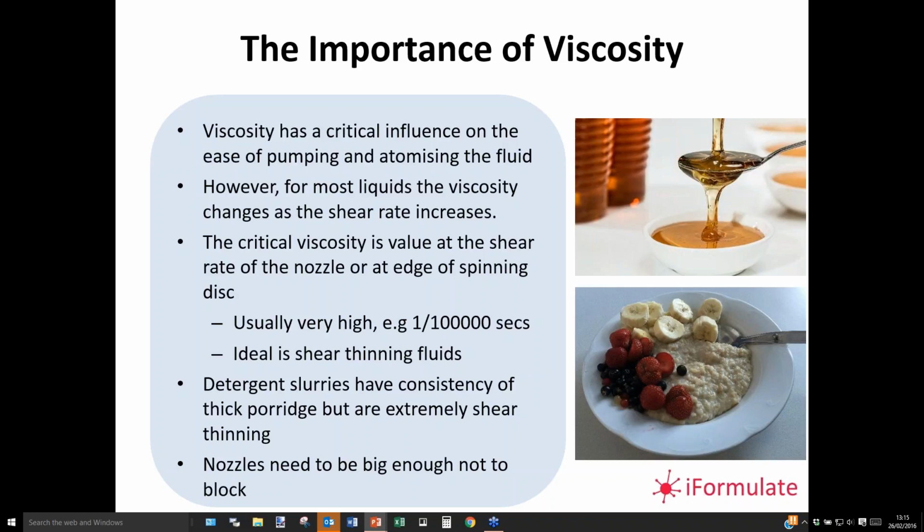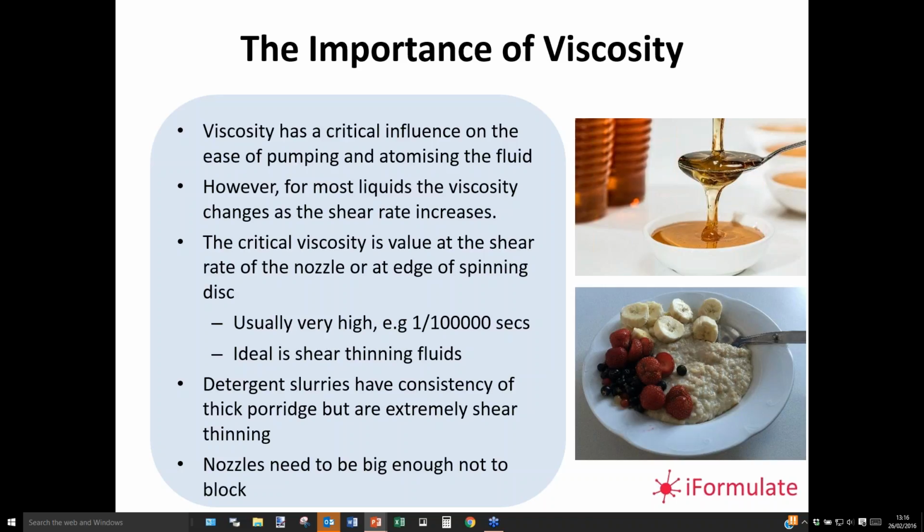Some liquids are very viscous at normal shear, but since the shear rate in a nozzle is very high, the viscosity can reduce enough to allow atomization. A good example is detergent slurries.